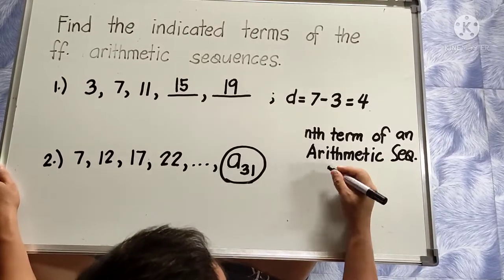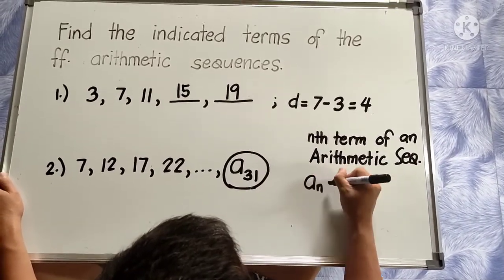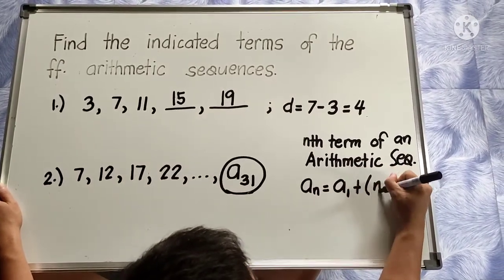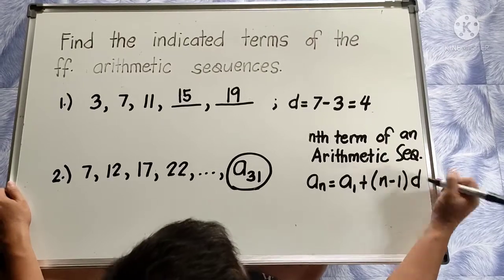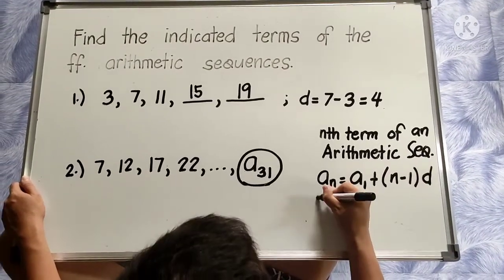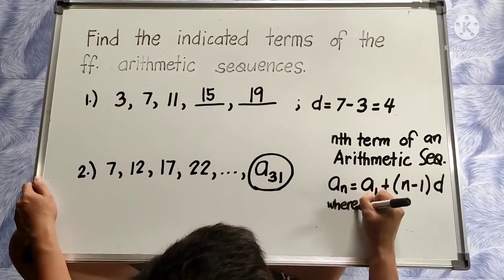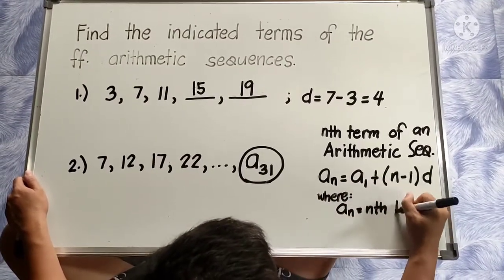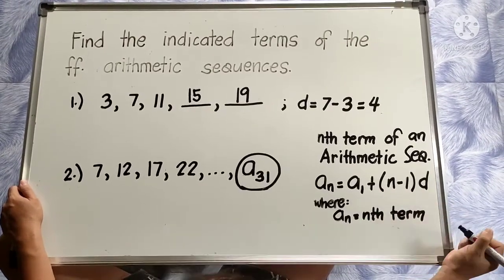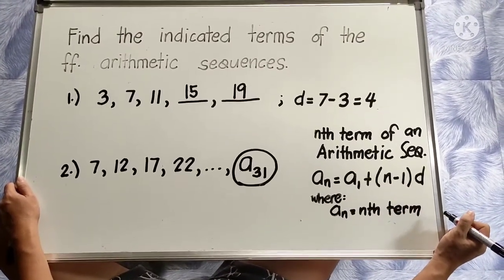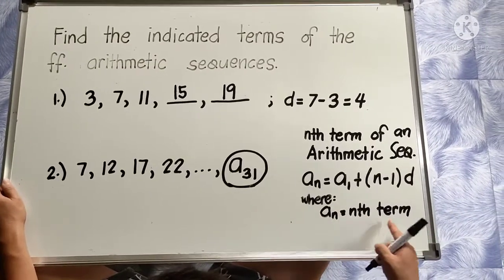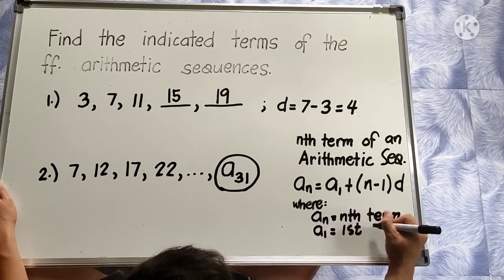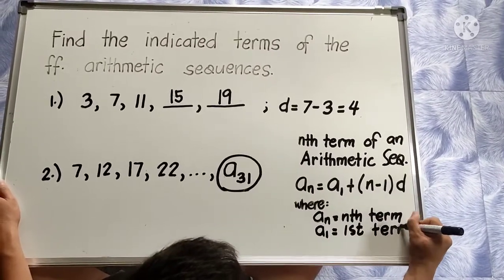So the formula will be a sub n is equal to a sub 1 plus the quantity of n minus 1 times d, where your a sub n is your nth term, or the missing term, the term that you need to solve. Your a sub 1 is, of course, the first term in the sequence.